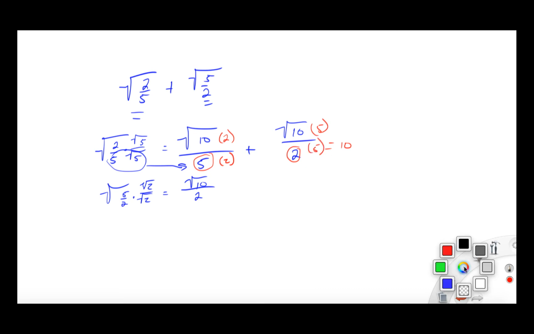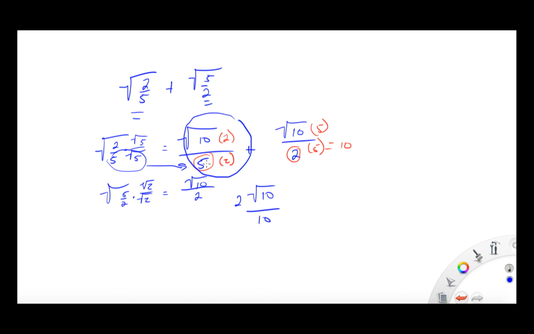Okay? So what we're going to have left out of this one right here is 2 times the square root of 10 over 10, because 2 times 5 is 10, plus 5 times the square root of 10 over 10.